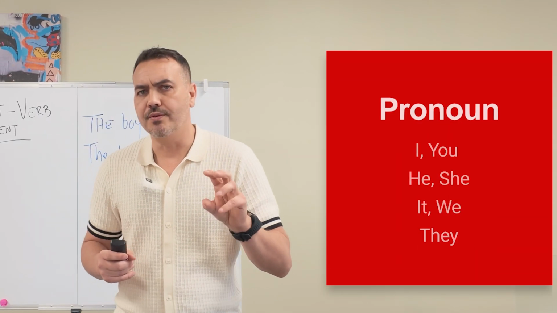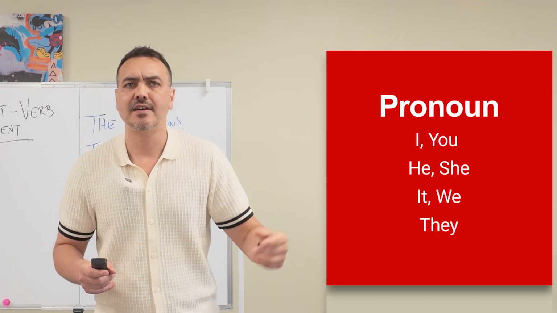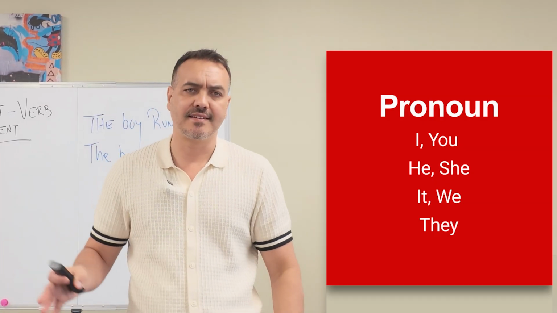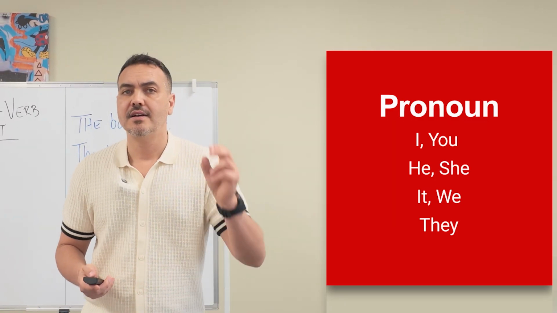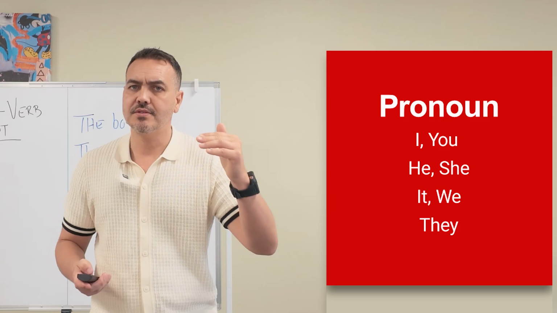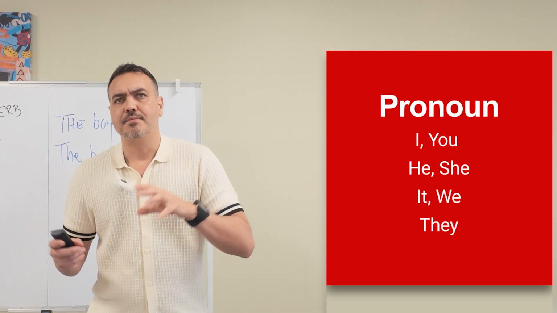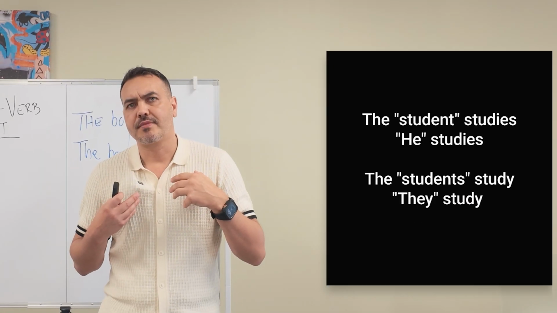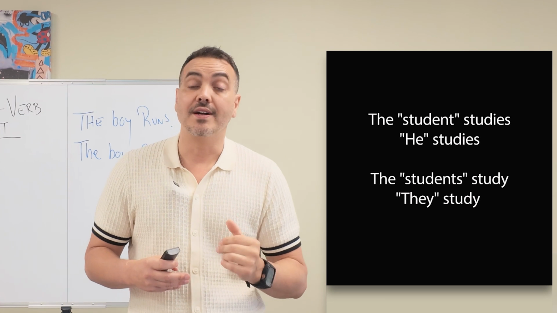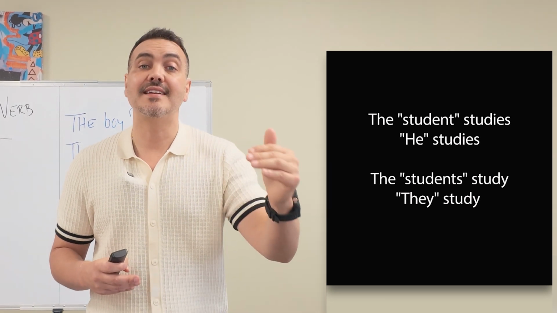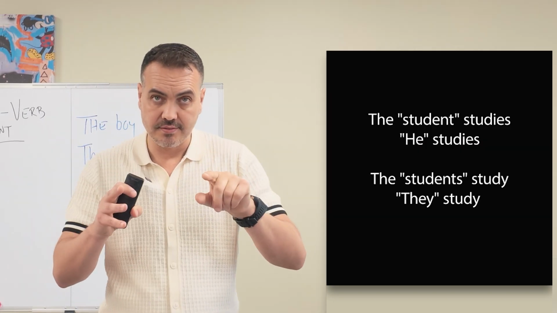A pronoun is a word like I, you, he, she, it, we, they. Note the difference. Nouns, pronouns. For example, we would say the student studies, or he studies. The students, plural, study.